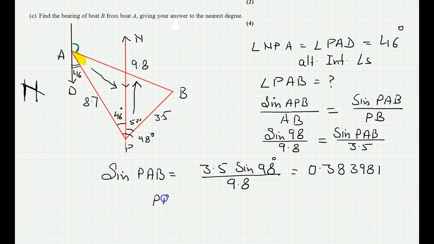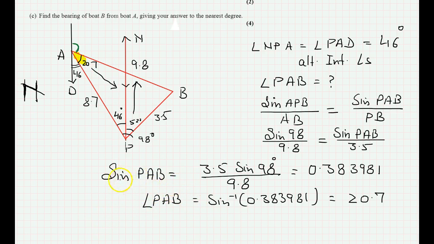So angle PAB will be sine inverse of 0.383981, and so angle PAB is 20.7. So this angle is 20.7.